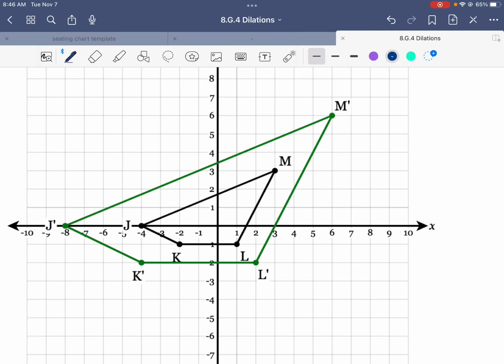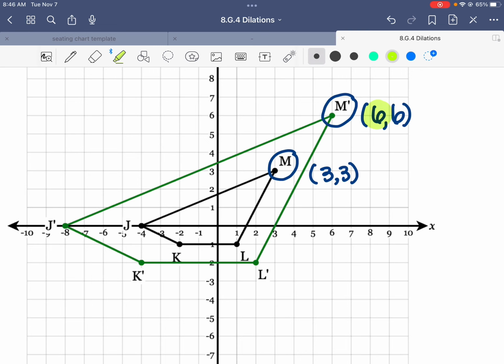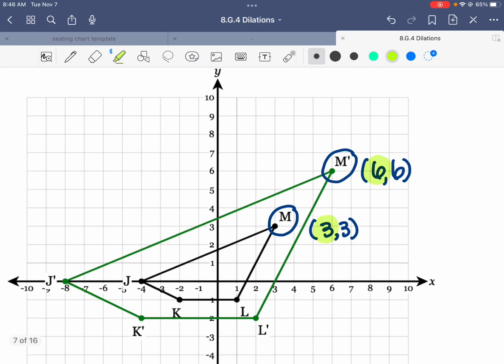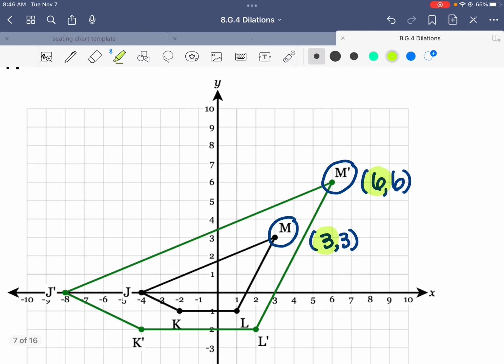So I'm going to choose M prime and M. M prime is located at 6, 6, and M is located at 3, 3. We're going to take either the x coordinate or the y coordinate. It doesn't matter unless it's 0. We can't use 0. And we're going to divide the image coordinate by the pre-image coordinate.